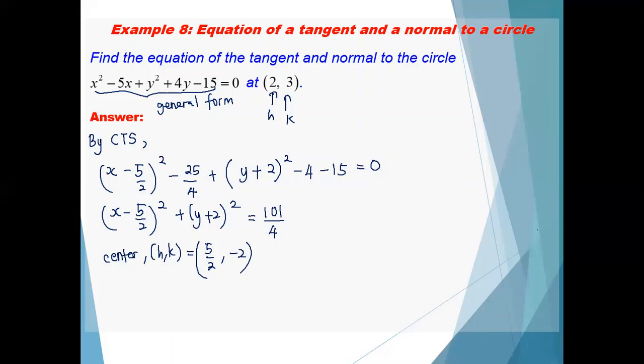So now kita nak buat apa? Kita nak cari normal line.